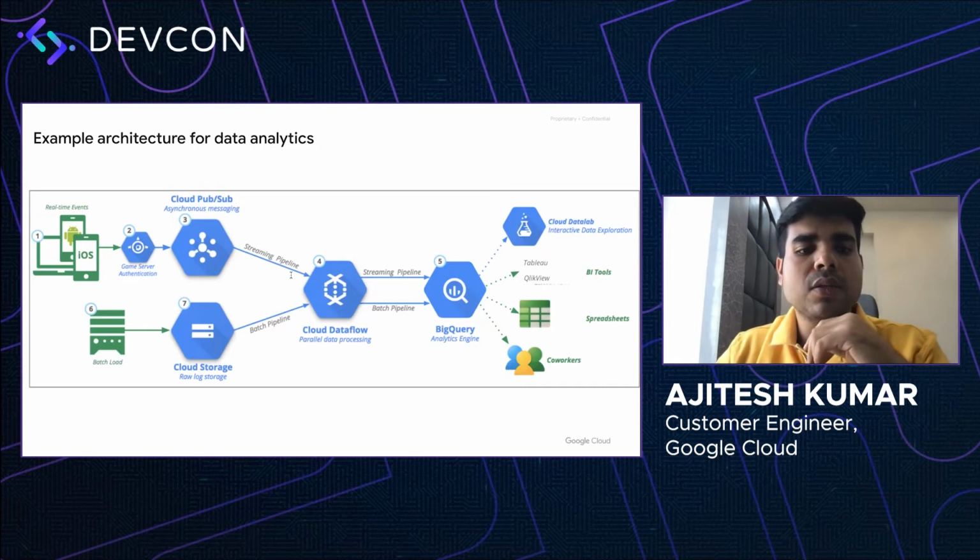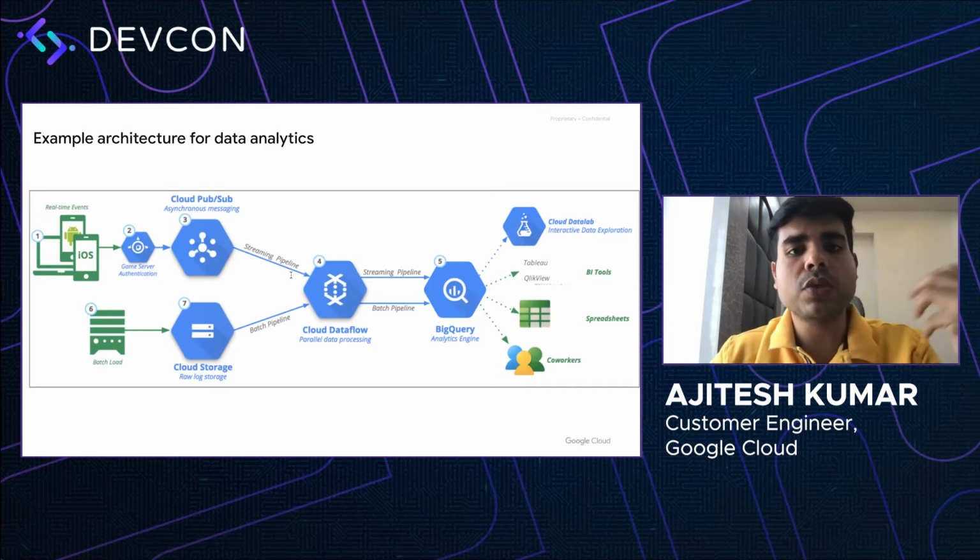The next is real-time processing. You use this pattern when you want to understand what's happening in the game at that point in time. Google Cloud PubSub and Dataflow provide a fully managed way to perform a number of data processing tasks like cleansing, transformation, and even fraud detection in real time.